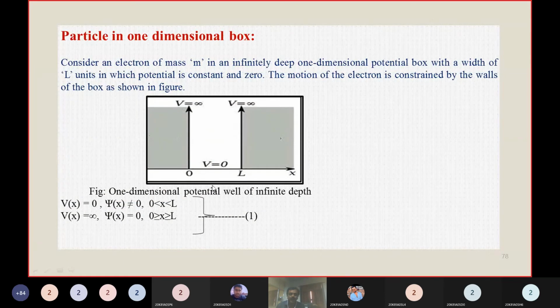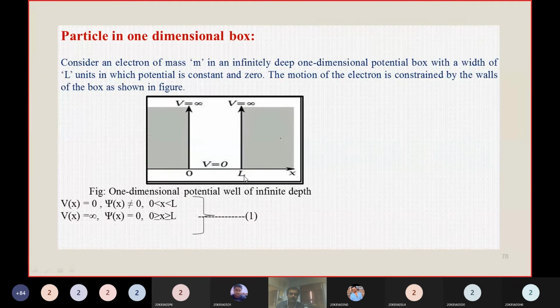According to the first condition, the particle will be present only inside the box, that's why the wave function is not 0. Inside the box, potential equals 0. According to the second condition, if x is less than or equal to 0, the wave function equals 0 because the potential is infinite.